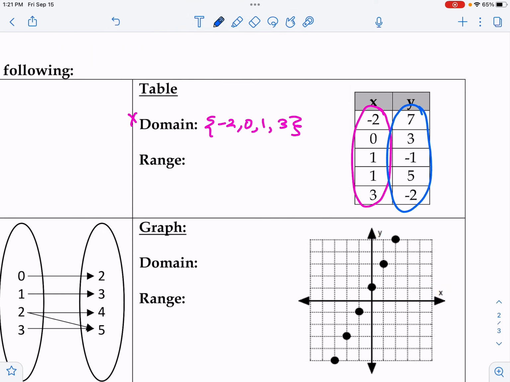But just be careful because they didn't put them in order. So we're going to do the -2 first, and then the -1, then the 3, then the 5, and then the 7. So in order, don't repeat values.